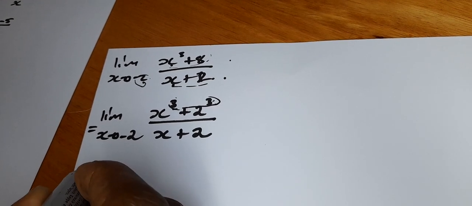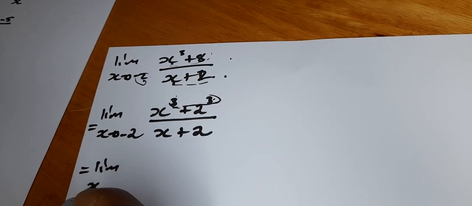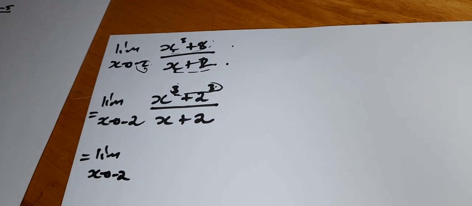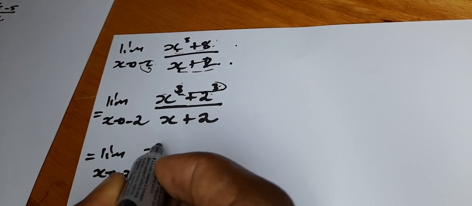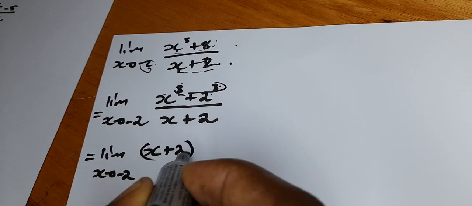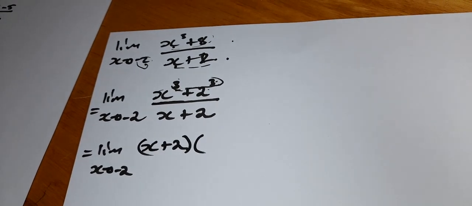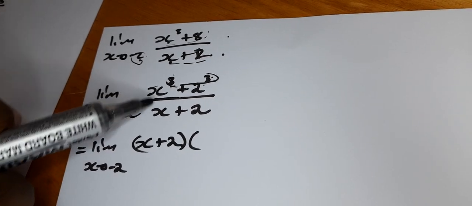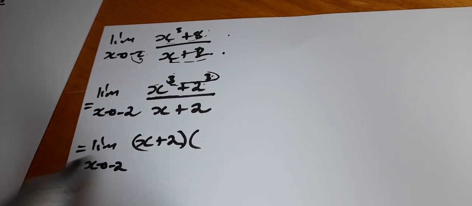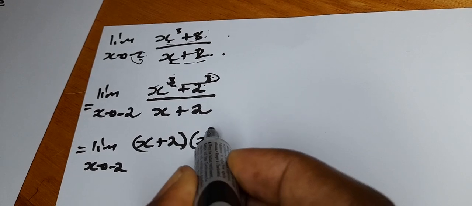This will be equal to the limit when x approaches negative 2. First of all, we are going to take our basis when we factorize such a problem. Is x plus 2 and then open bracket. Then now we are going to say x to the 3 divided by x is equals to x squared.